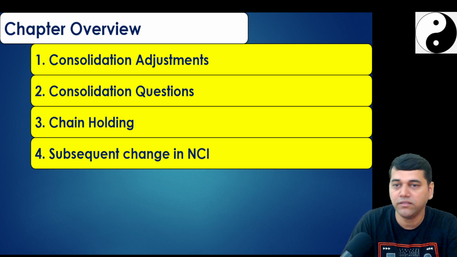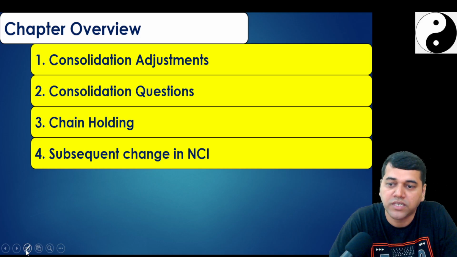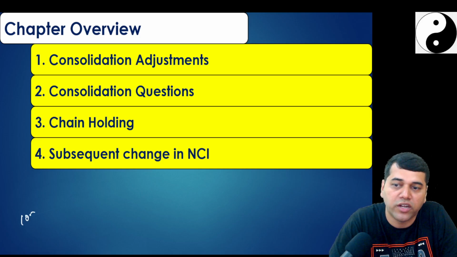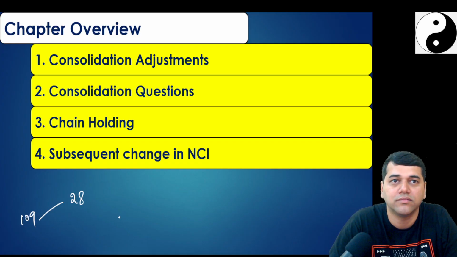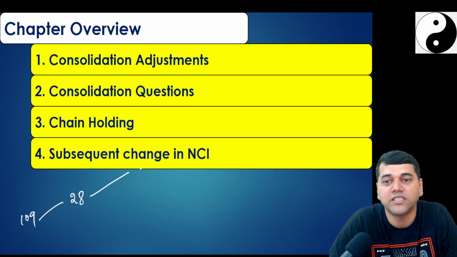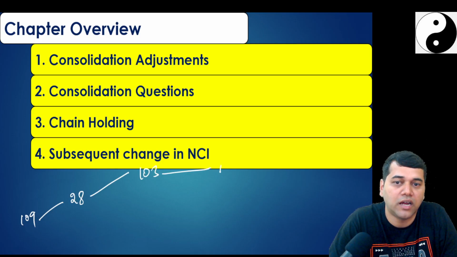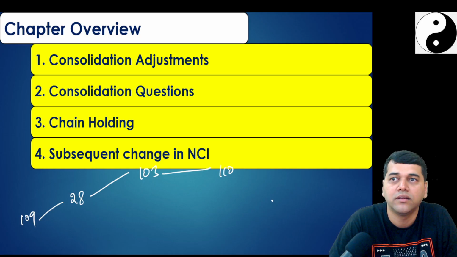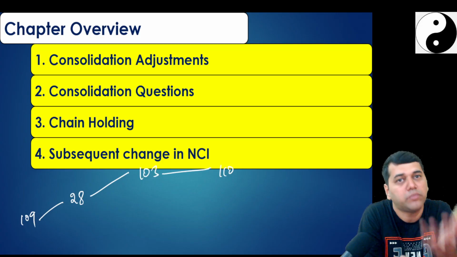So next, we will move to the subsequent change in NCI. See, we started our journey with 109. That 109 we increased and it became 28. 28 stake increased, it became 103. After 103, 110 came every year. So subsequent change means either I may increase my portion.